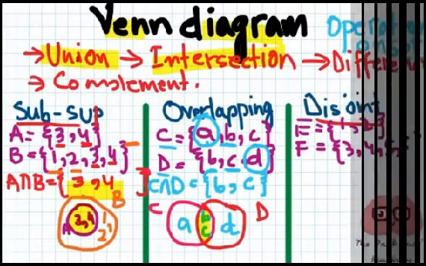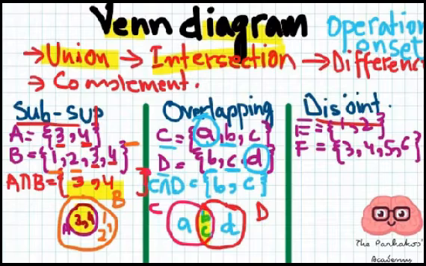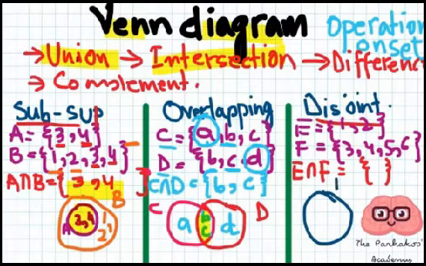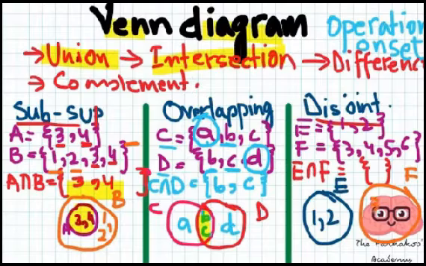The third case is the disjoint case, and disjoint in the intersection. So E intersection F, there's nothing which is common, right? So it's going to be the null set. How are you going to make the Venn diagram in this case then? Let's say this is E, and E has elements 1, 2, and this is F. It has elements 3, 4, 5, 6.